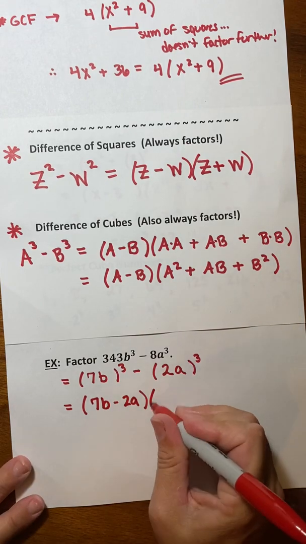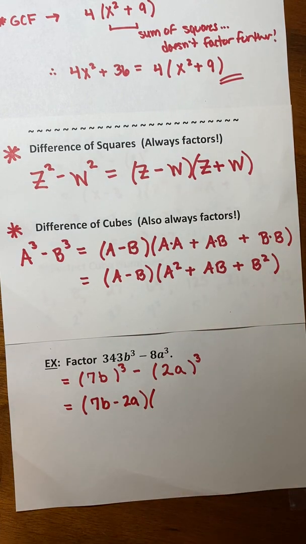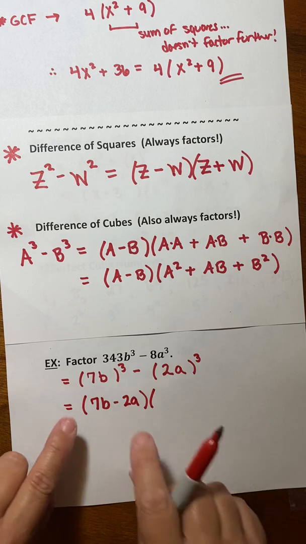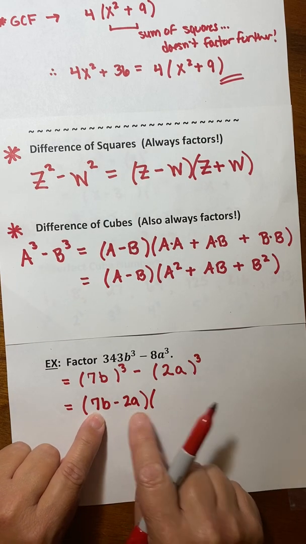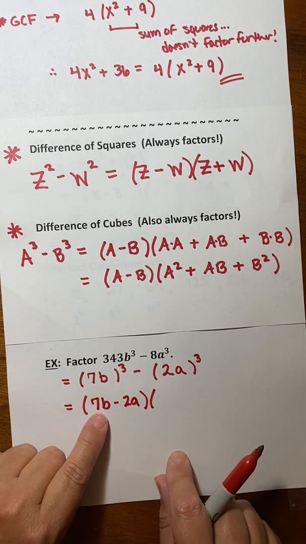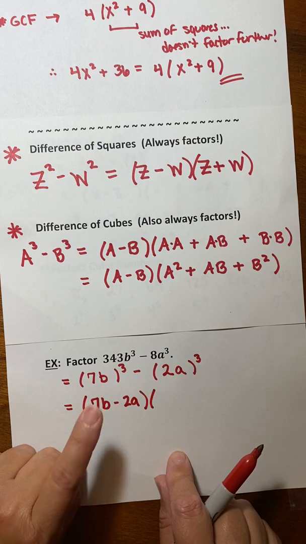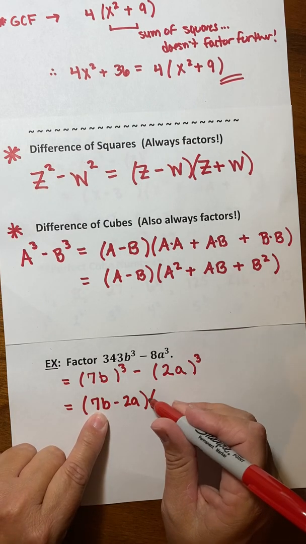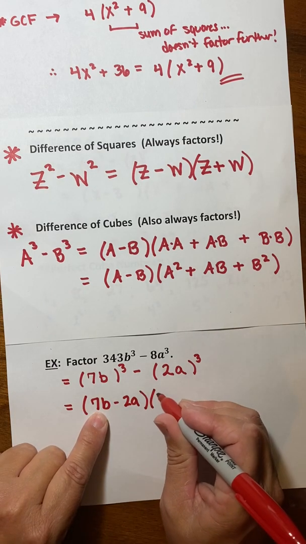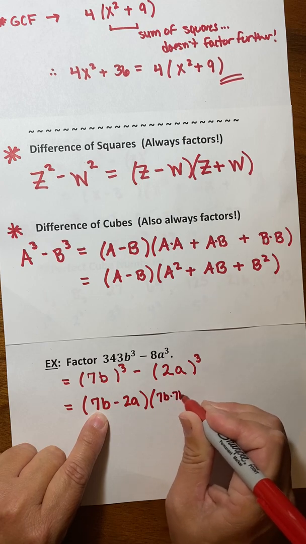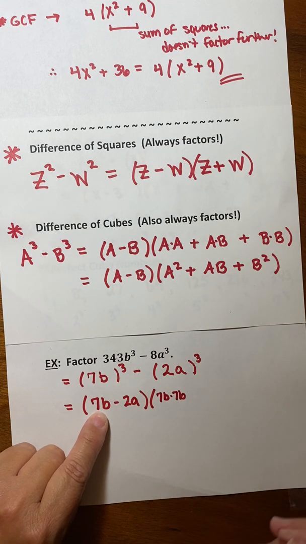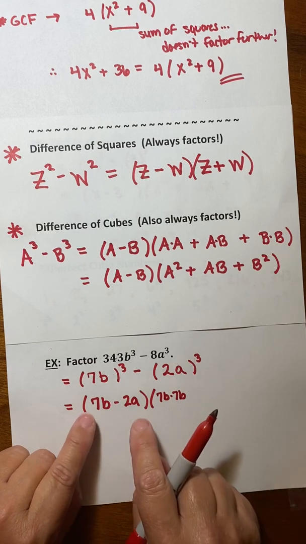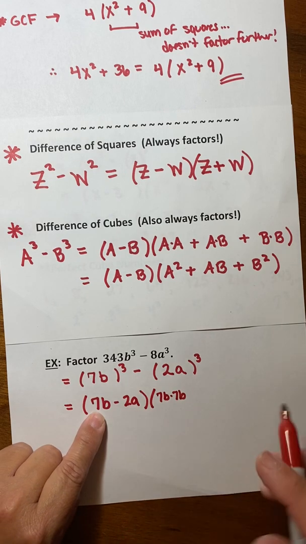Okay, and now the second one's a little more complicated, but if you start trying to follow this process, once you have the 7b and the 2a, what goes first here is just this times itself. So it's that times that. So 7b times 7b. You can just write 49b squared if you're comfortable. What goes in the middle is going to be the 7b times the 2a.